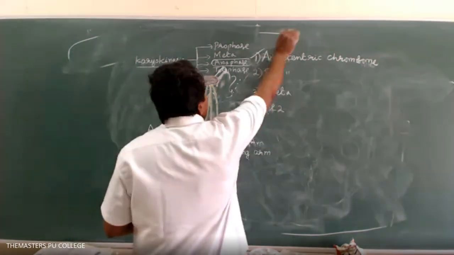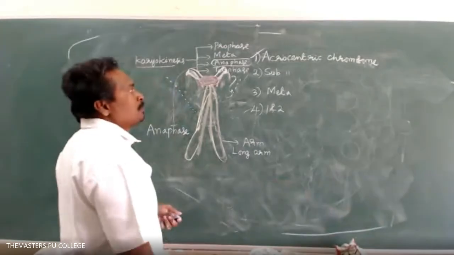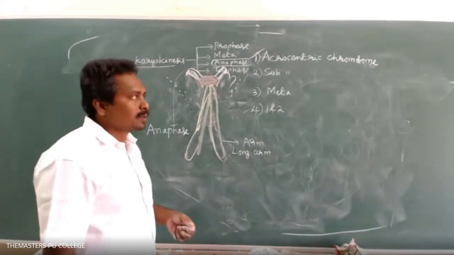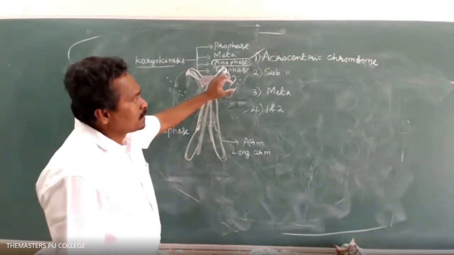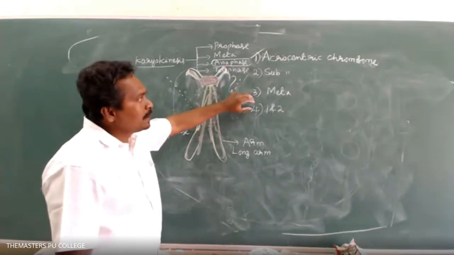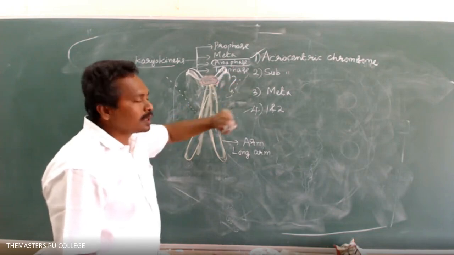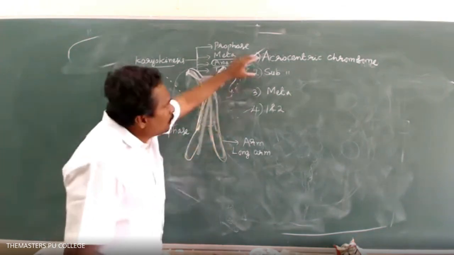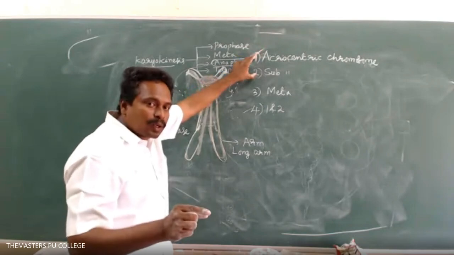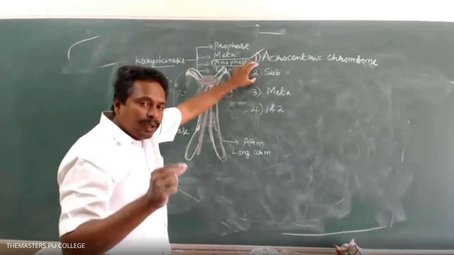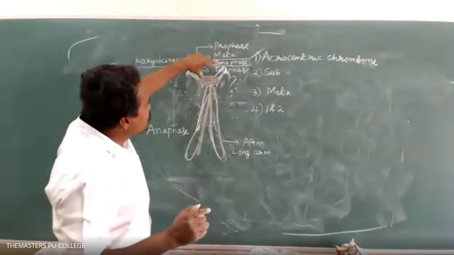Option 1, very good. Acrocentric chromosomes. Sometimes they may ask in which chromosomes unequal arms are present. Unequal arms are present in acrocentric and submetacentric also. Among these two, in acrocentric, one arm is very long and the other is very short.